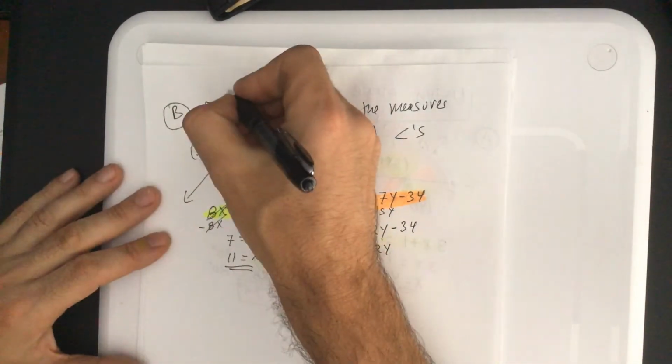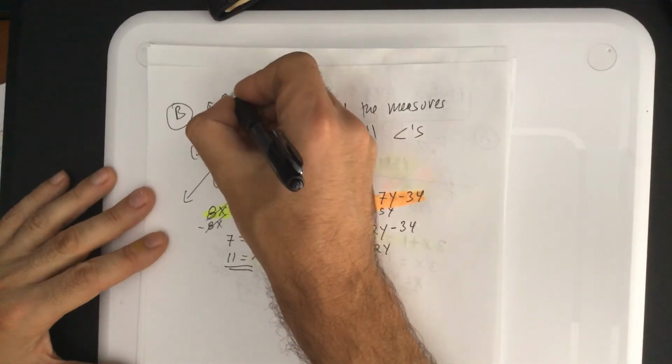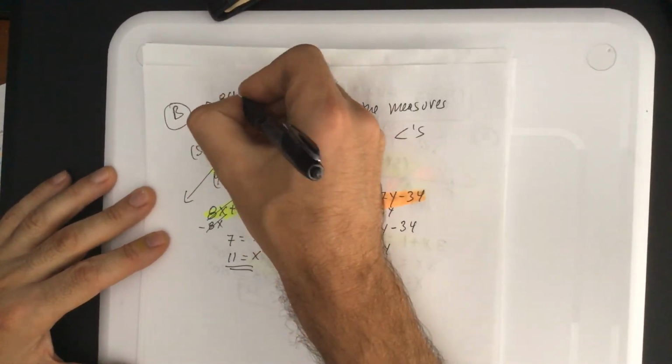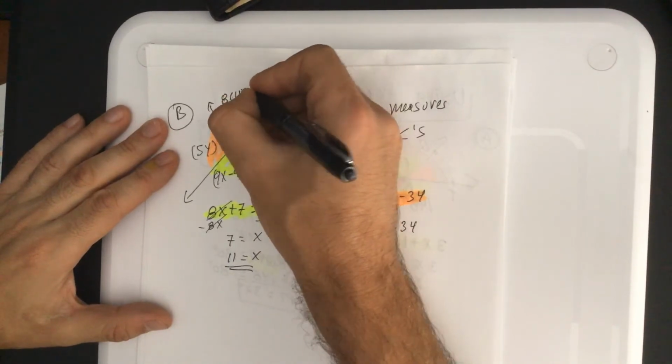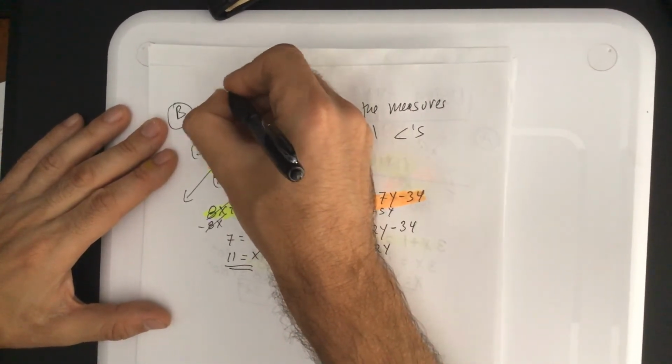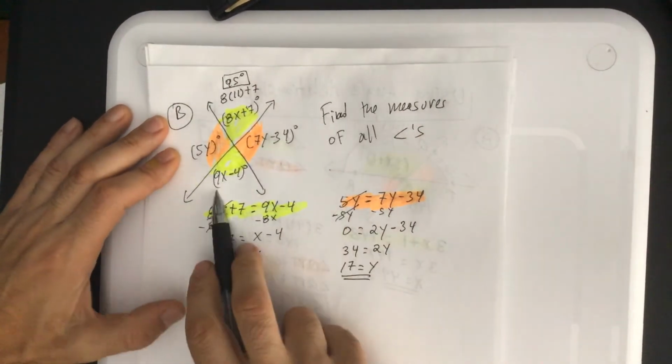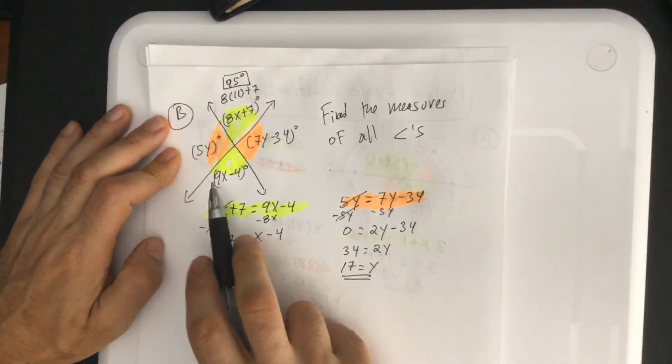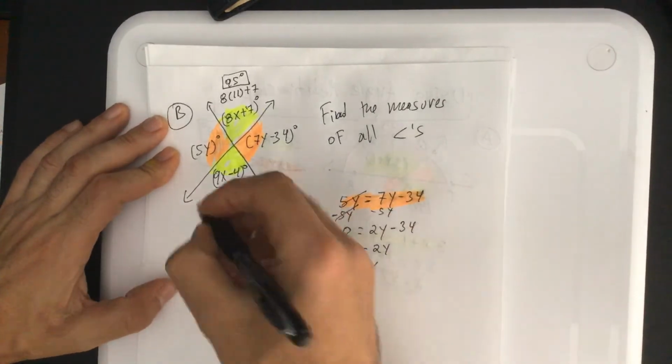So in this case over here, 8 times x, which is 11, plus 7, that should give you 95 degrees. This one should be the same thing. You should have 95 degrees, but you can check to see if it is right.